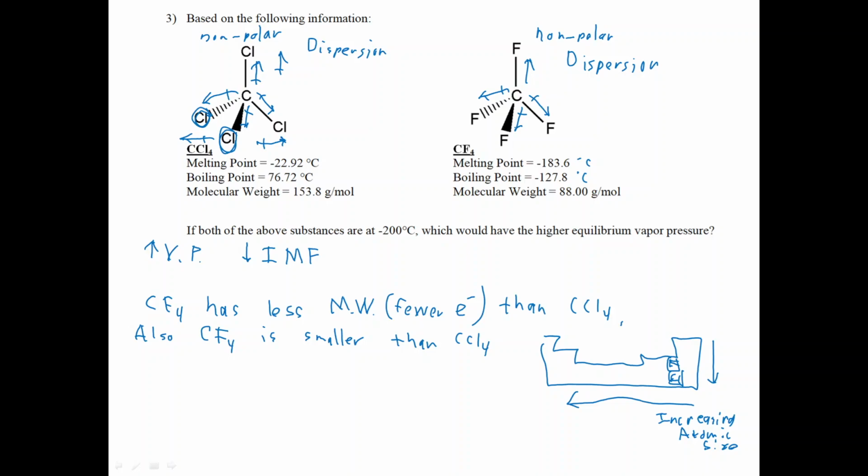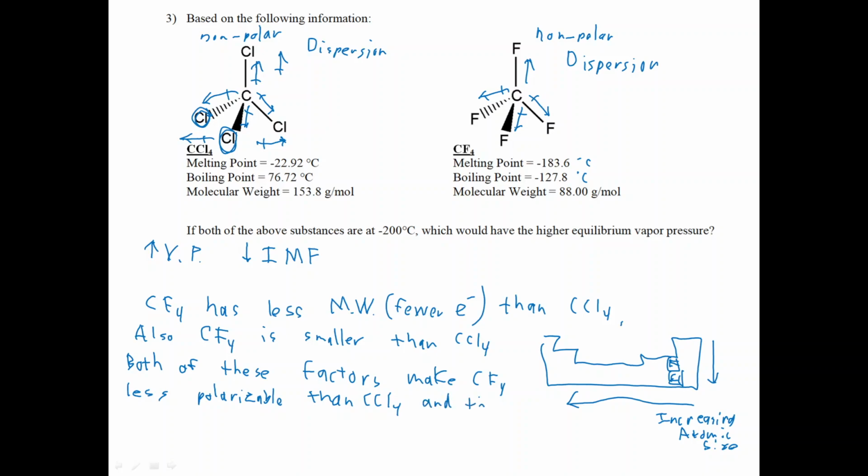So both of these factors make CF4, carbon tetrafluoride, less polarizable than CCl4, carbon tetrachloride, and thus having weaker intermolecular forces.